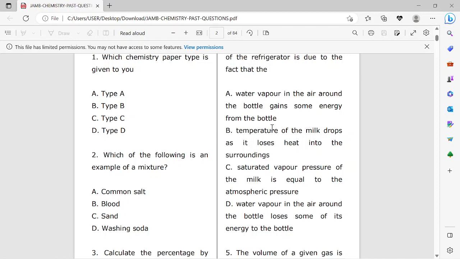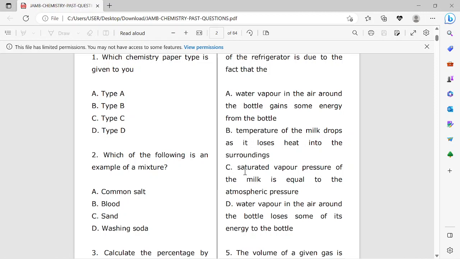That means it is acquiring heat, not losing heat, because the temperature will increase from 0 to around 27 degrees Celsius. So B cannot be the answer.